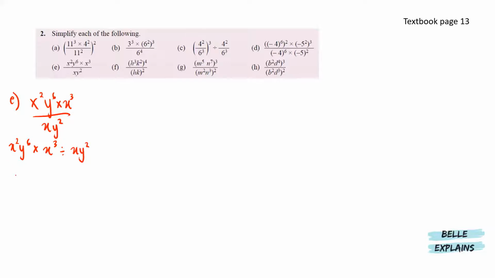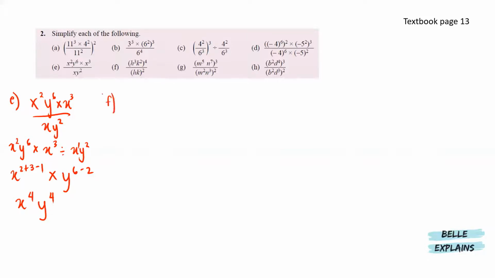So let's bring the x's to one side, which means we have x to the power of 2 plus 3 minus 1, because for the x's we have power of 2, power of 3, and here there is no number, means it is 1, times y to the power of 6 minus 2. Because this is a division, means we have to subtract the indexes. So we have x, 2 plus 3 minus 1 gives us 4. And for y, we have 6 minus 2, so we have 4 as well.